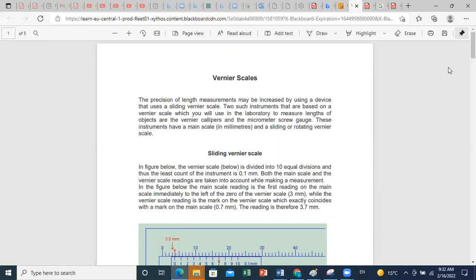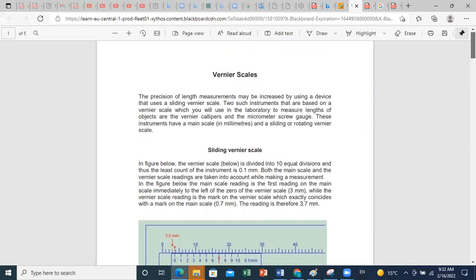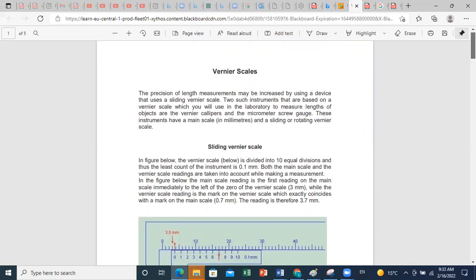We have talked before about how vernier scales are used to increase the accuracy of measurements, and the precision of length measurement can be increased by using a device with a sliding vernier scale. We have several types of vernier scales: linear ones and rotary vernier scales.